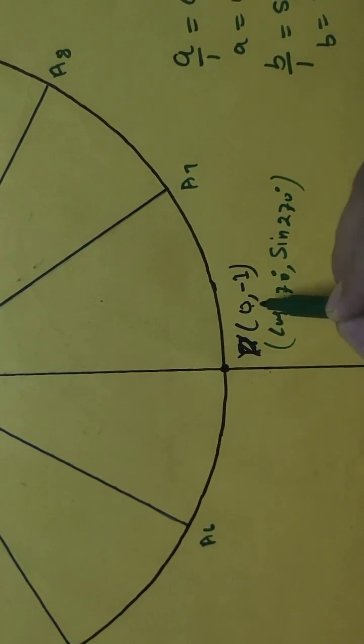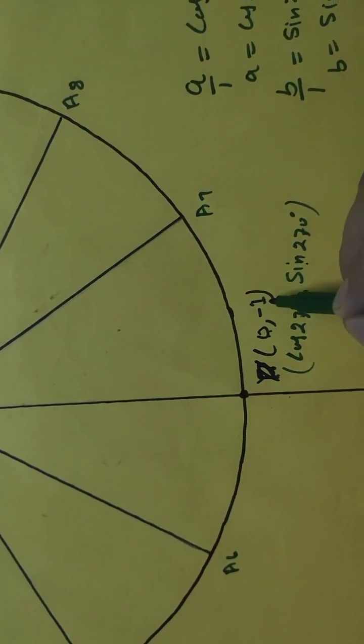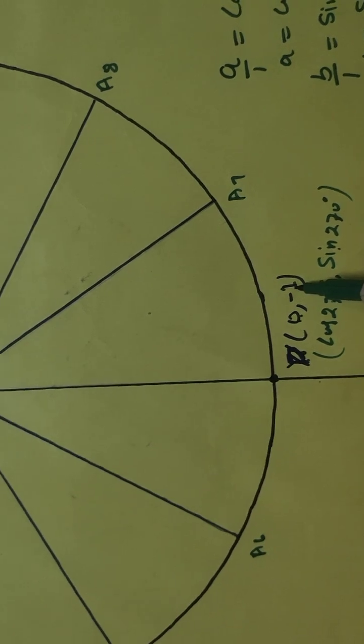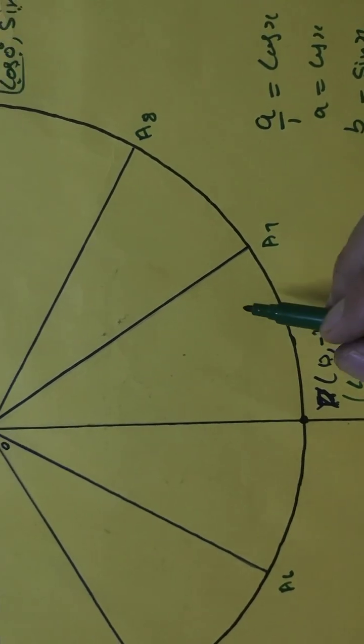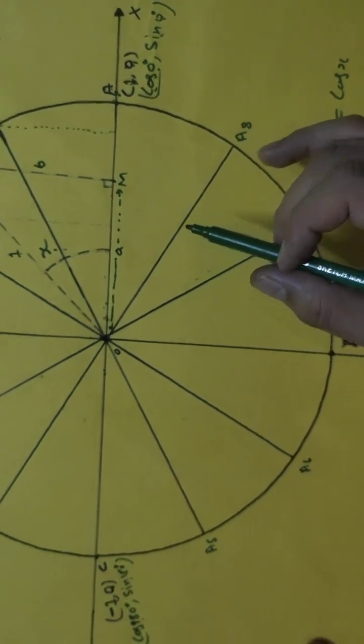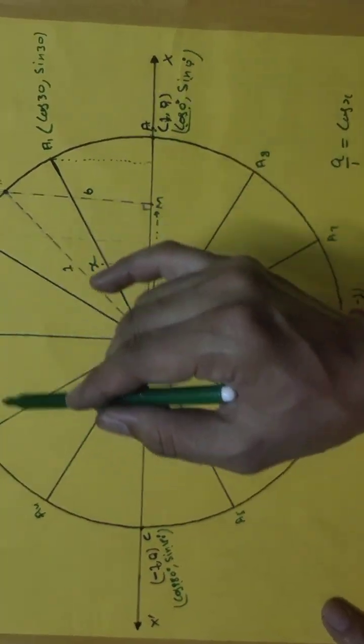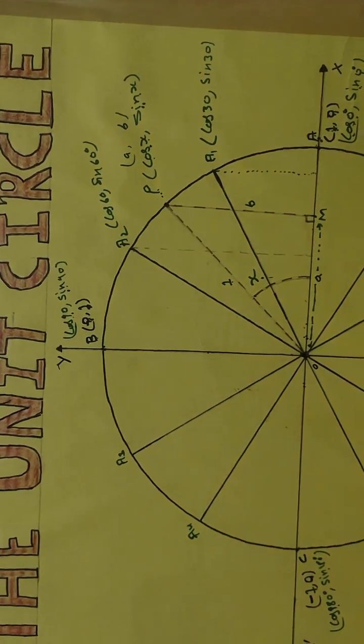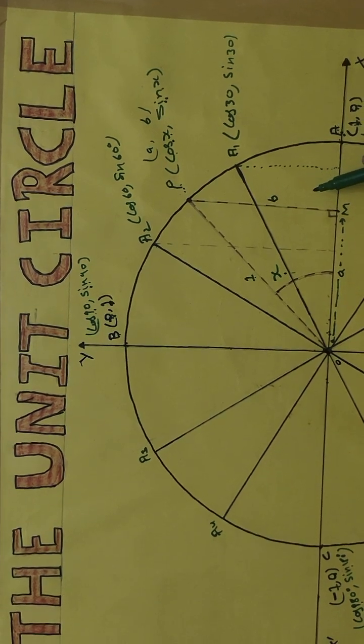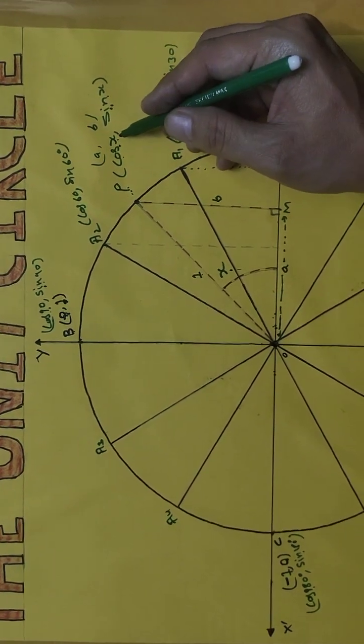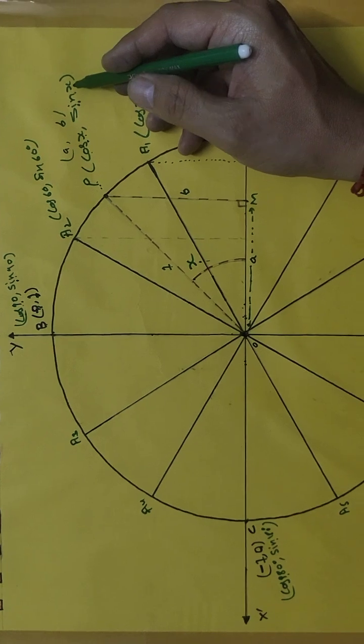So cos 270 is 0 and sin 270 is minus 1. So students, in this way you can see that this unit circle helps us to find the value of cosine of angle as well as sine of angle.